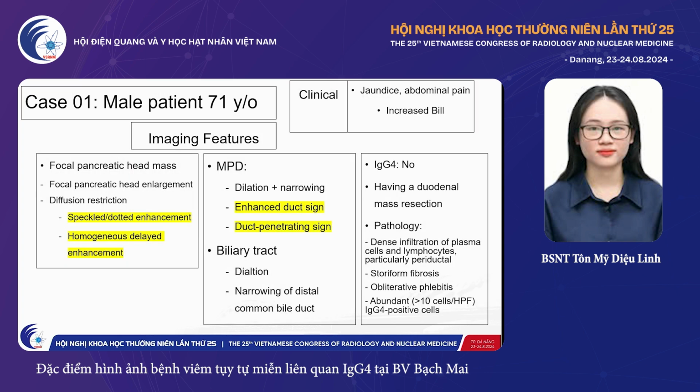So, in summary, we have a male patient, 71 years old, with obstructive biliary symptoms, who had a focal pancreatic mass, PD narrowing, and biliary tract dilation. The patient had no IgG4 result, so surgery was performed, and the pathology showed the 4 typical features of AIP. So, according to JPS 2018, the patient met the diagnostic criteria.